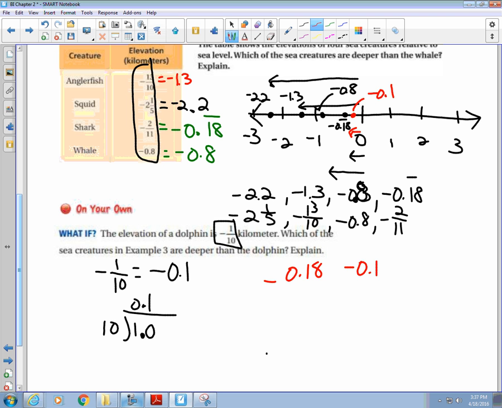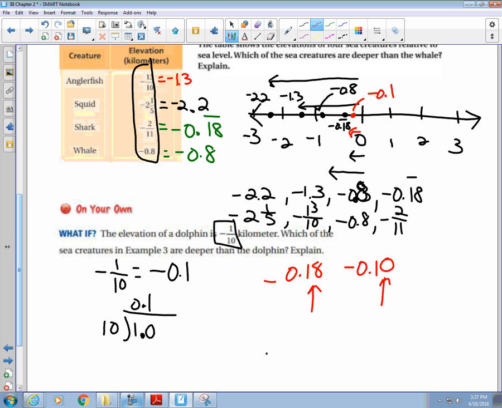Negative 0.1 only has a 1 to the right. That's in the tenths place. I need to be able to compare decimals that have the same number of decimal places. So for the negative 0.1, I want to add a 0 to the right of it so that now the 8 is in the hundredths place, and the 0 is in the hundredths place. Now we can accurately compare 18 hundredths and 10 hundredths.